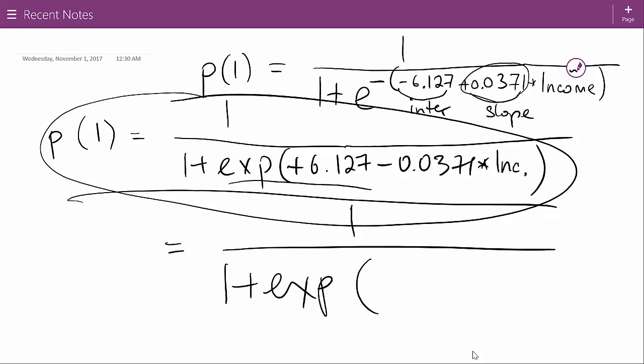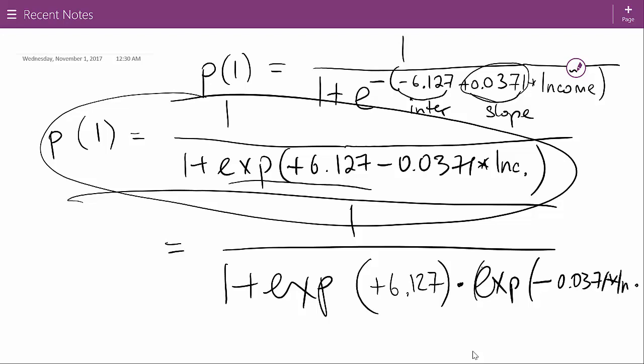This one is e to the power plus 6.127, that's it, right? Times e to the power minus, so I'm going to write it as exponent of minus 0.0371 times income, okay?